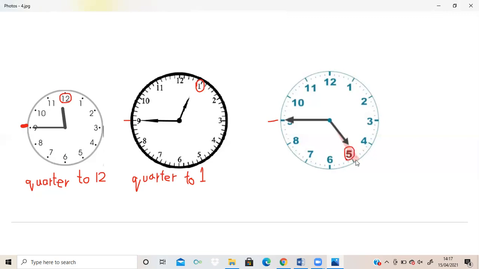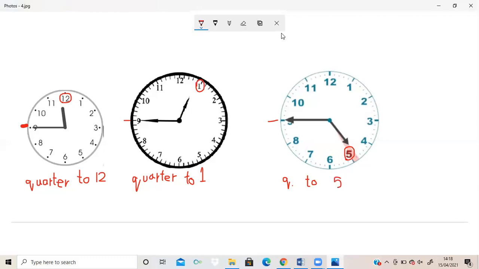You can see I colored it a different way, that means this journey is left for the hour hand. So the time is quarter to 5. I'm just writing it the short way. Q for quarter to 5. So this is the correct answer.